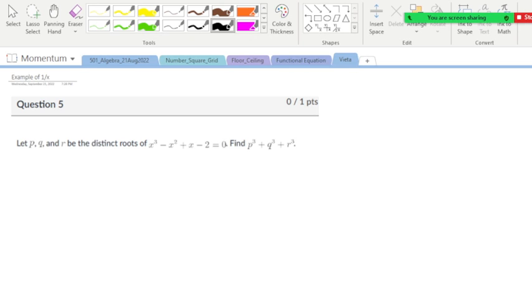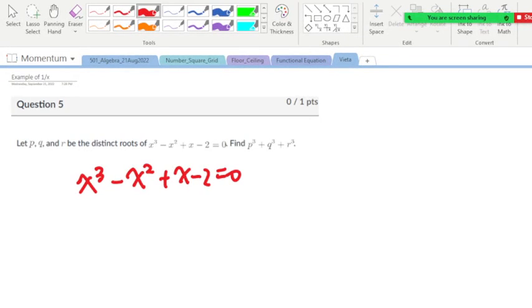Okay, so today, I know you guys are already familiar with the Vieta theorem. For example, I just want to use this problem as an example. One of the problems is x cubed minus x squared plus x minus 2 equals 0, right?